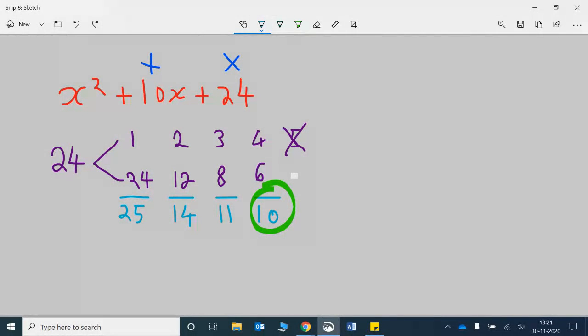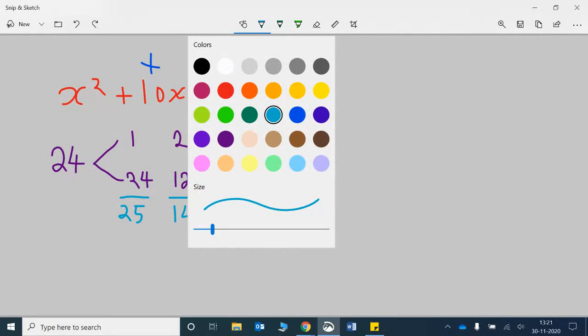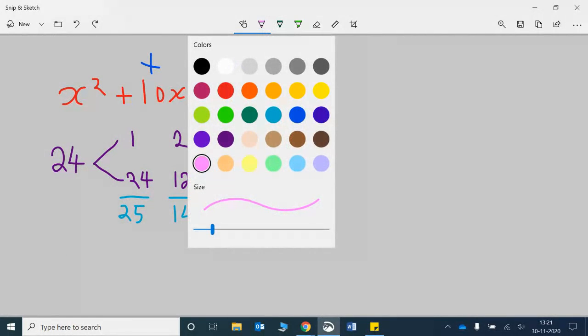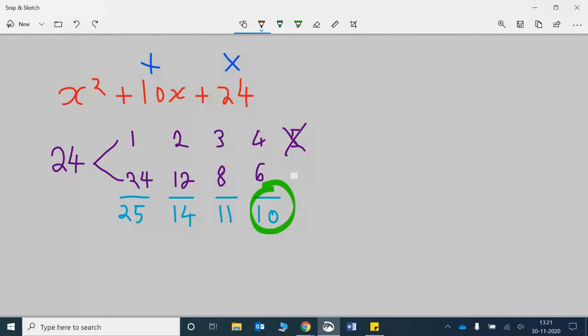So final step now is to finish it all off. So let's choose this brown, for example. So now we're going to put those two numbers inside a set of brackets. So we've got x in here and x in here for our factorization. Definitely x times x gives us an x squared, which is good.